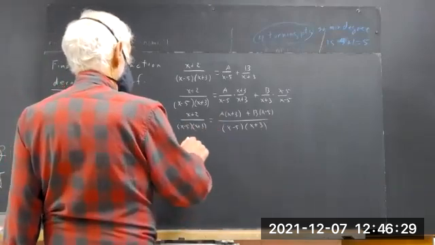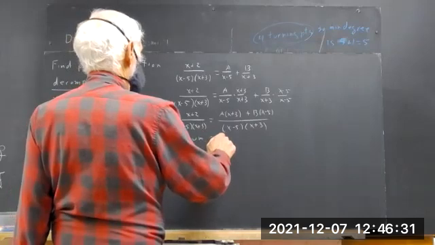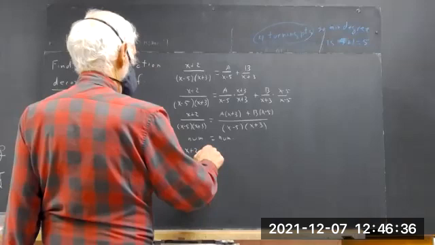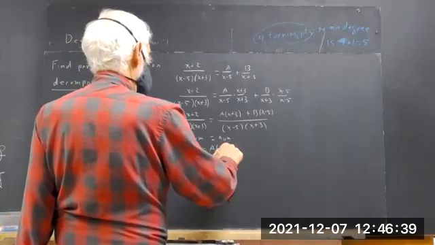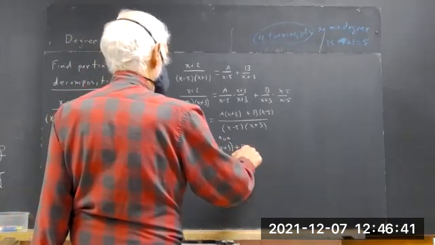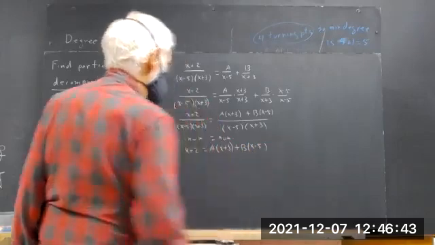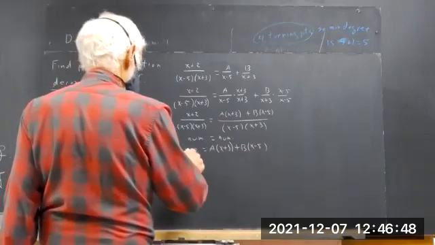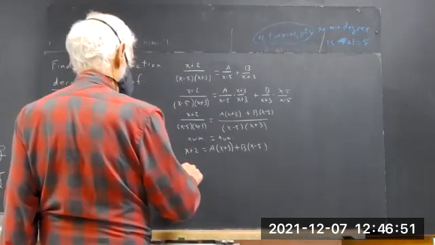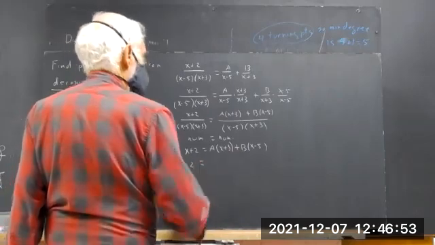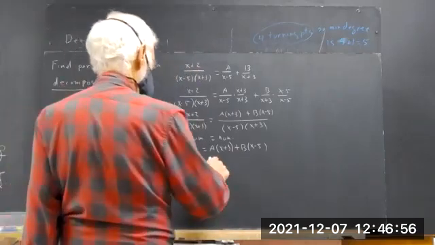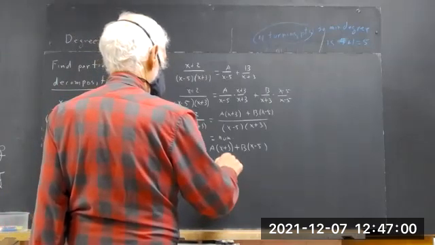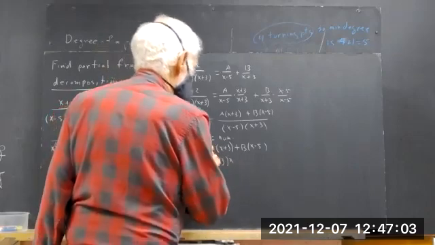So now the numerator equals numerator. So we have this equation. And again, there's a step between here and here.